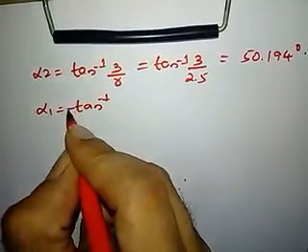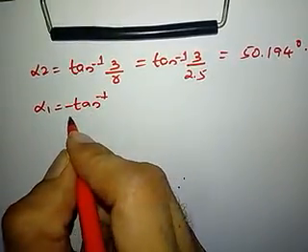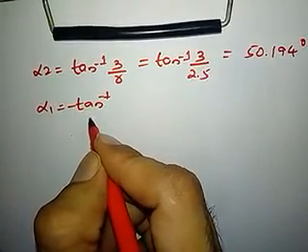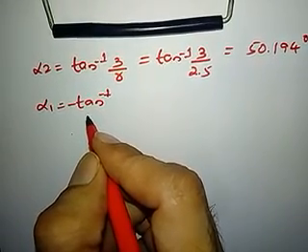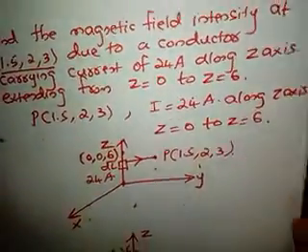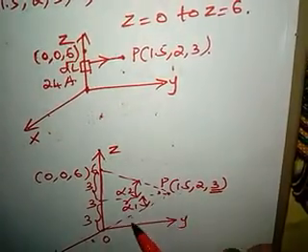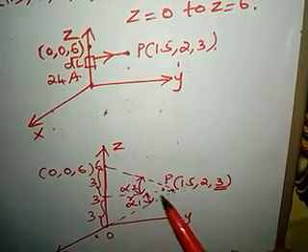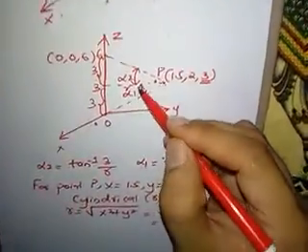Similarly, alpha 1 is also tan inverse, so it is minus tan inverse. Sorry, we skipped that sign previously. So we consider that minus, because alpha 1 is minus there, right? If we see the previous figure, alpha 1 is below the point P, alpha 2 is above the point P. So alpha 2 is positive, whereas alpha 1 is negative.